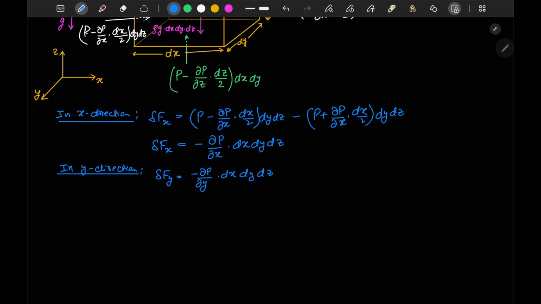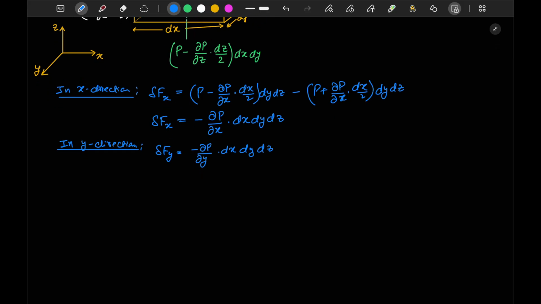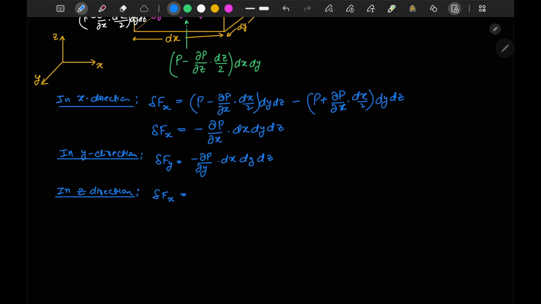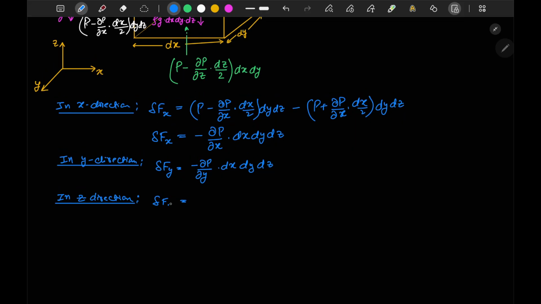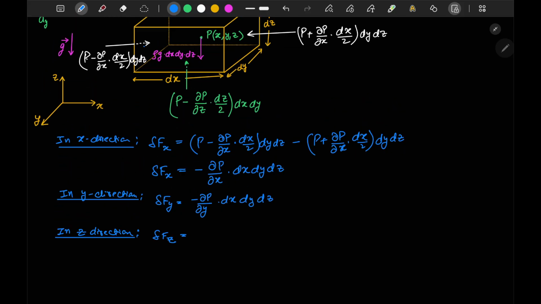And in the z direction, I can again write the equation for delta f in the z direction.